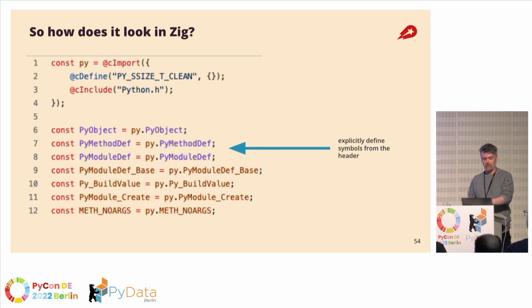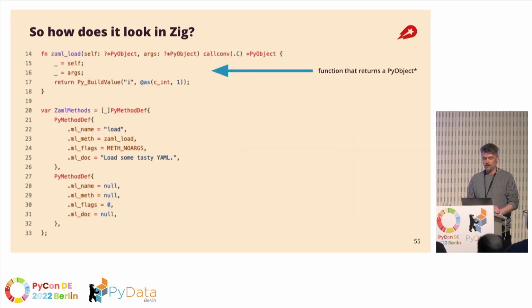So I've taken the parts of the Python header file that I'm using and assigned them to const variables there. Here we have the load function that we had before, but it is slightly different. For example, Zig understands that the way Python will call this function means that the self and args pointers could be null. So we have to declare those pointers as nullable with the question marks.